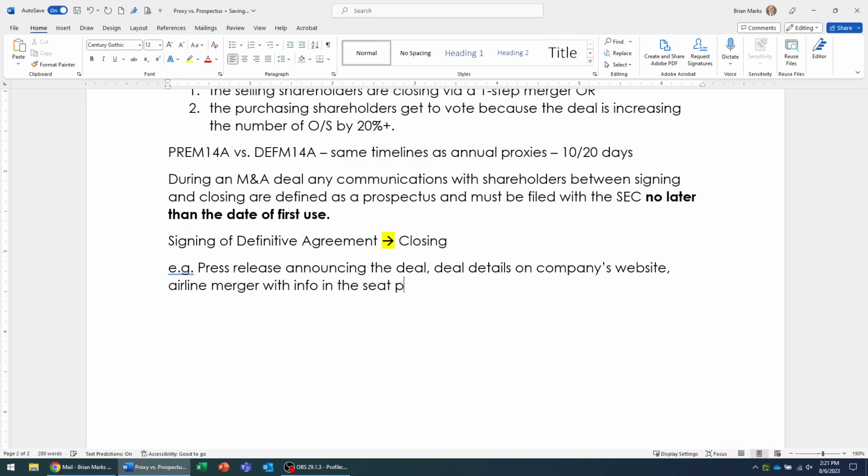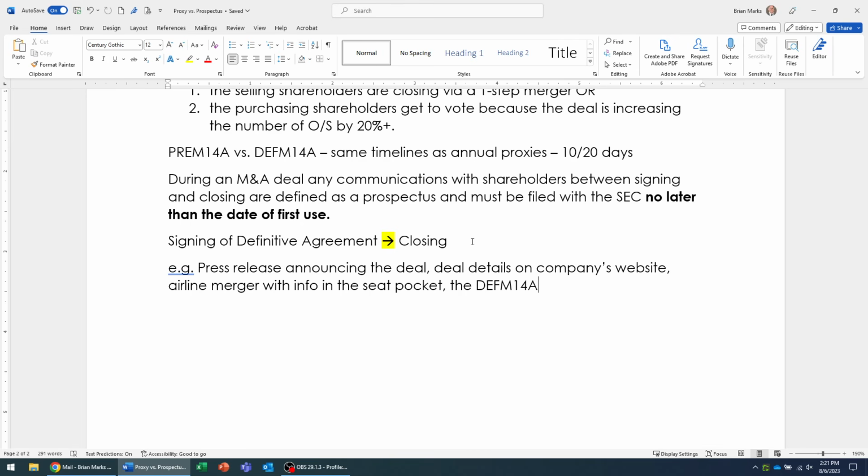By the way, here's what can be really confusing. The proxy, that's a communication with the public. The def M14A, because that goes to investors, is actually considered a prospectus because it's a communication to shareholders. Now, the reality is because it's got to be filed 20 days before, the date of first use rule is superseded in the proxy.